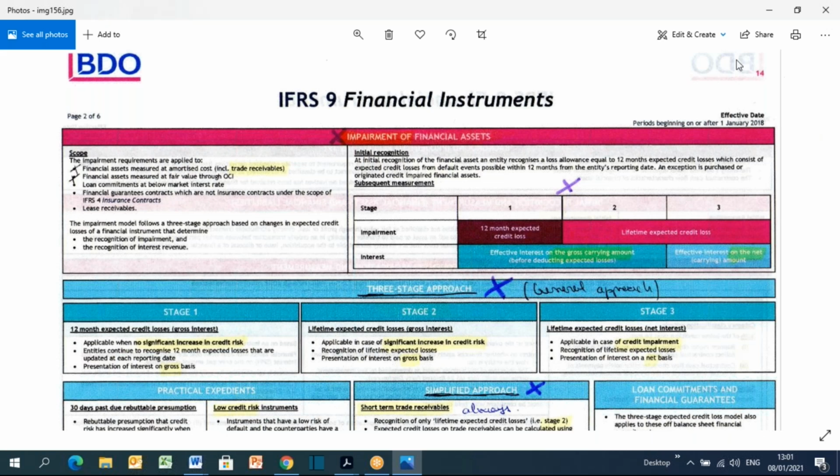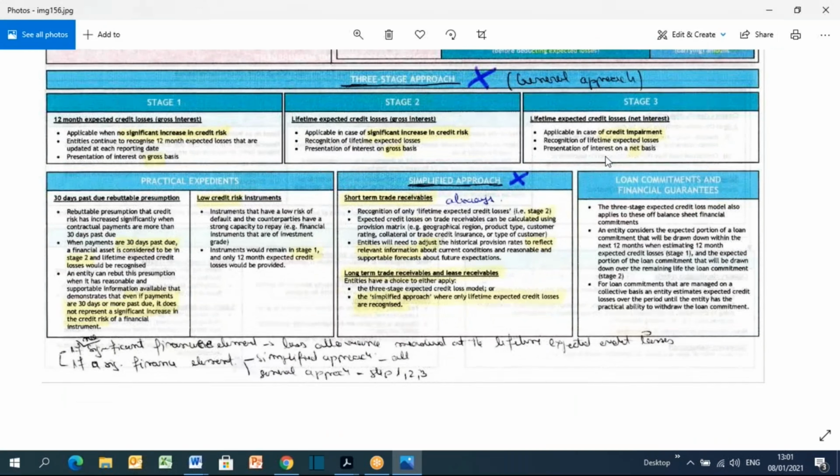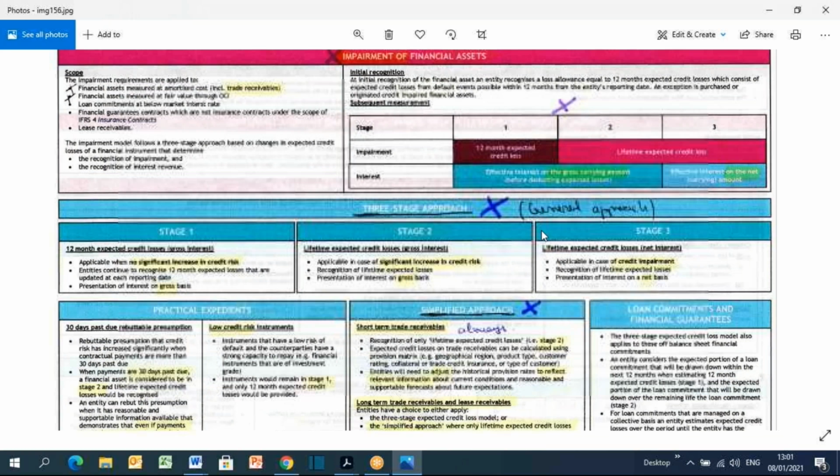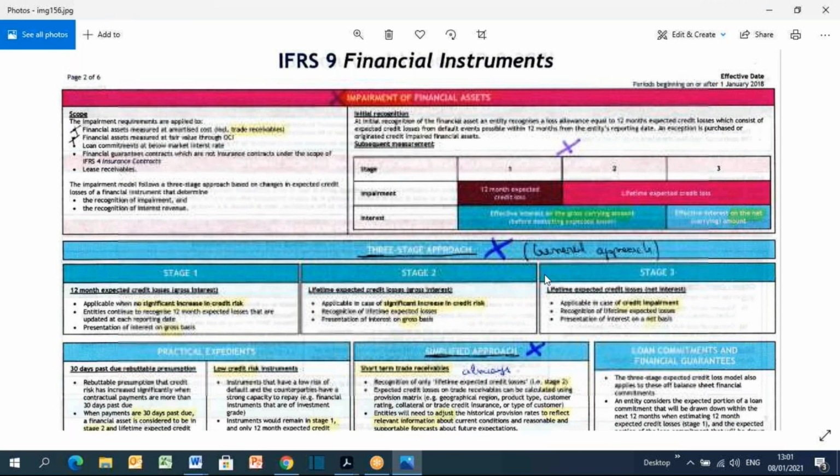There are three stages, a three-stage approach, stage 1, 2, 3, and when you should use this. It will be hard for me to explain now, because it is a difficult standard, the impairment of financial asset, to understand if you don't do an example.